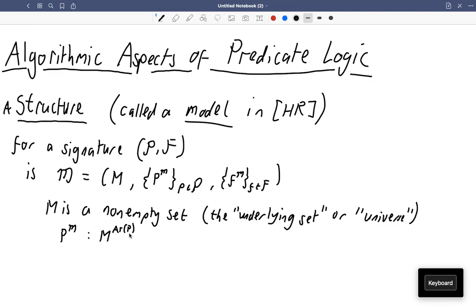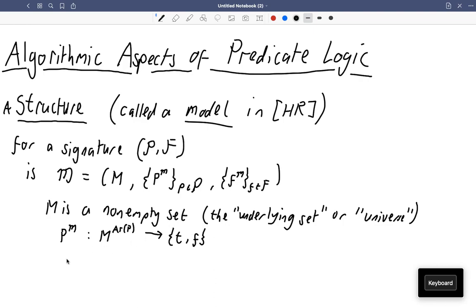If P was an arity 3 predicate symbol, then this would be the set of all triples of elements coming from M. And the point is, this tells us when such a tuple, a two-element pair or a triple or a quadruple, depending on the arity of P, is true or false. So it maps that to true and to false.